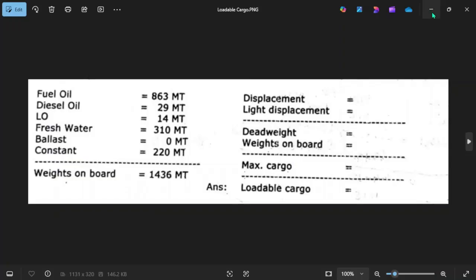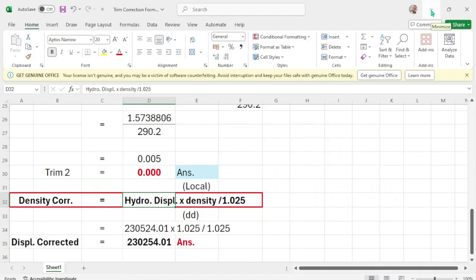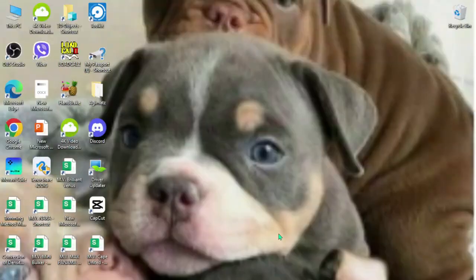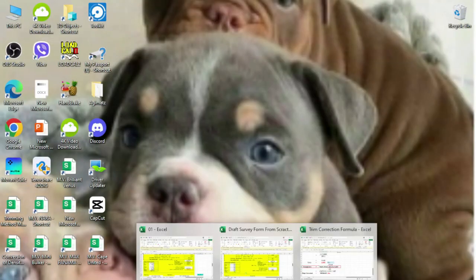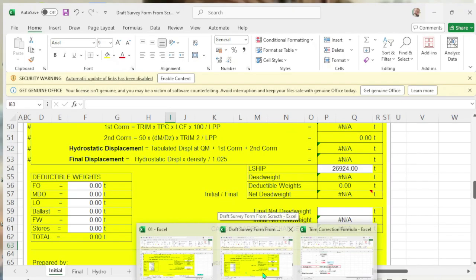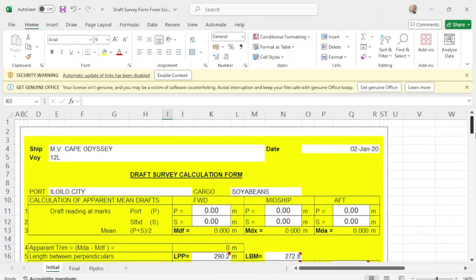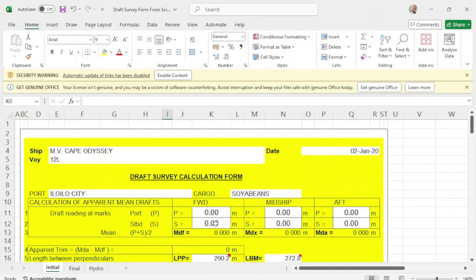Then I have another one here. This one is for single, so we can put again for the sake of computation 17.88, 17.96.